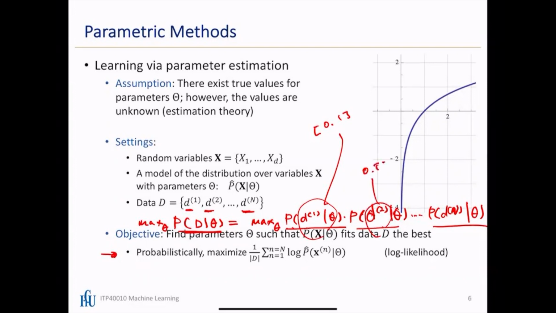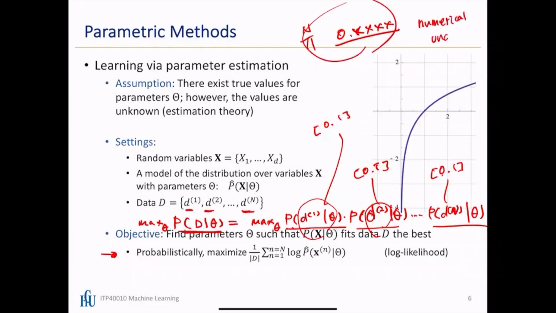If you have a fractional number multiplied n times, oftentimes you reach a numerical underflow. That means you're going to express a really small number like 0.0000 something, and computers cannot express these kinds of small numbers properly.